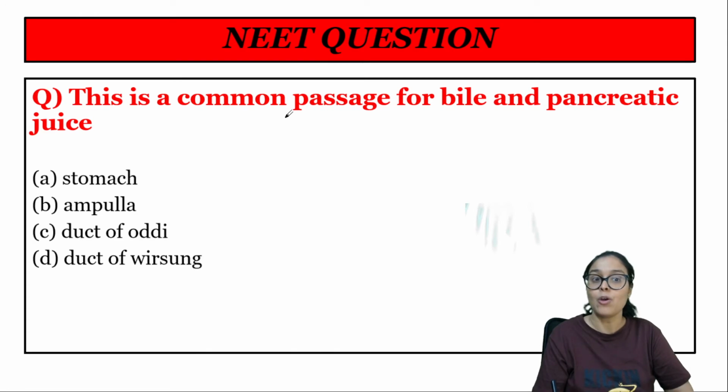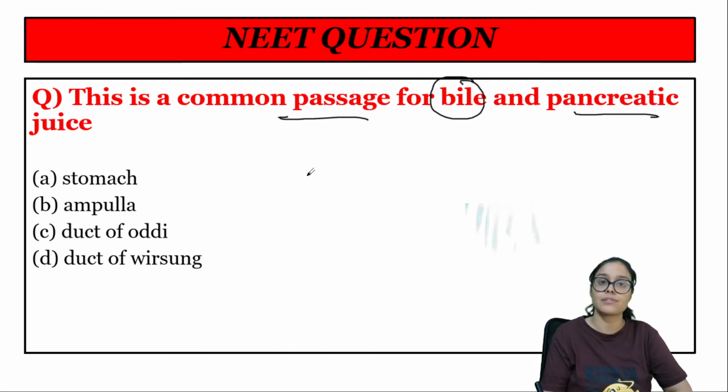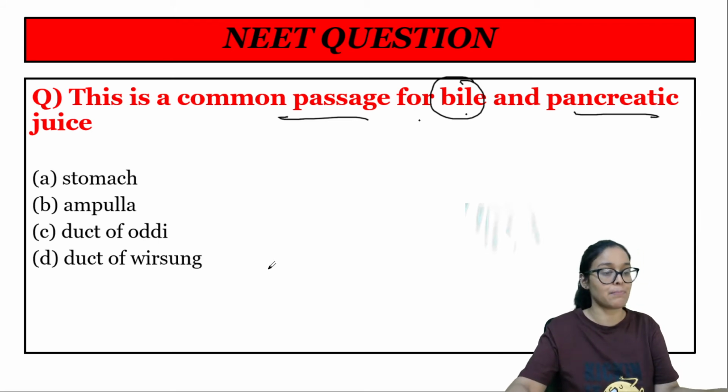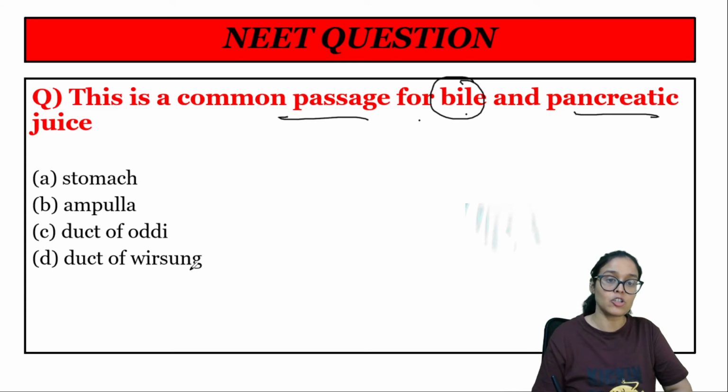Now you tell me, what is the common passage for bile juice and pancreatic juice? Write down here what is basically the common opening for both. And they have written the duct of Wirsung, which is actually the main pancreatic duct that I told you about, right?